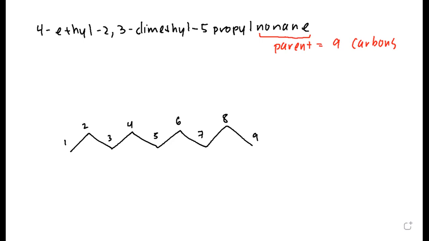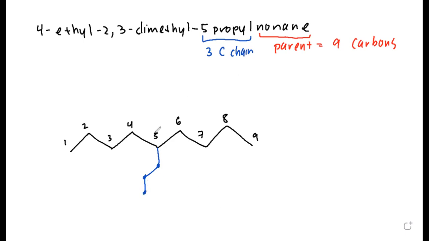So now let's go through and add on our groups. Let's do 5-propyl first. That means at carbon number 5, there's a propyl group, and propyl means a 3-carbon chain. So we're going to do 1, 2, 3. This is carbon 1, carbon 2, carbon 3.